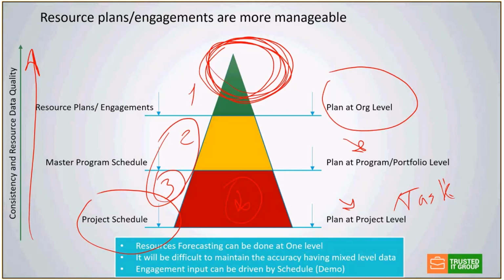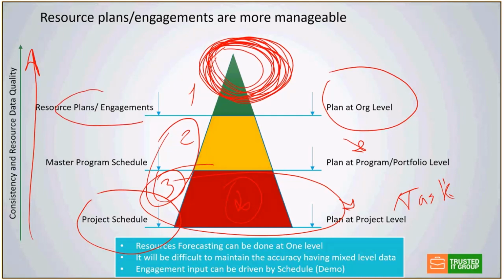And guess what? When you're trying to pull these resources from just this very bottom level, you need to have all projects, the entire project portfolio, very consistent and very accurate as far as your assignments for all these tasks. So here what we are saying is you can get this consistency, you can get more quality data at the higher level where you have those engagements or resource plans.